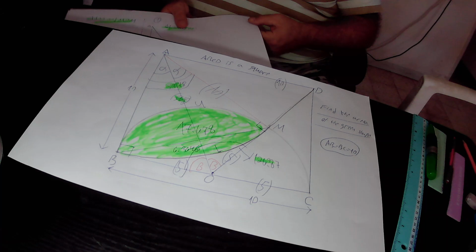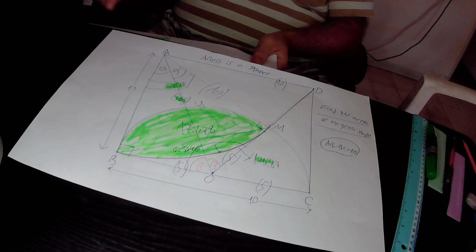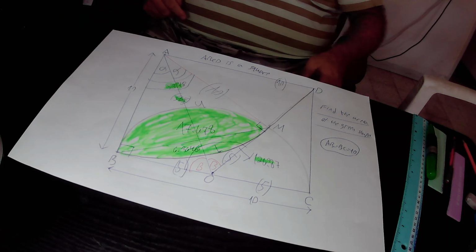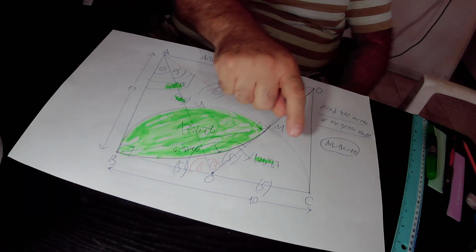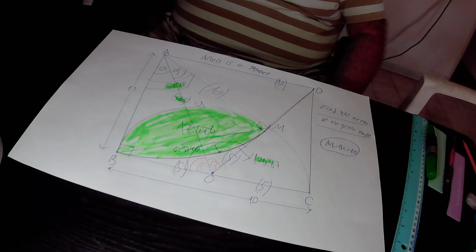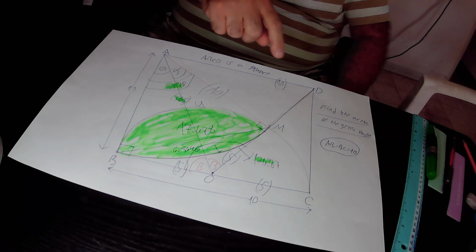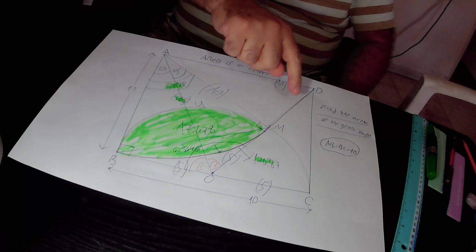So, in the drawing, we have square ABCD. You know that AB equals 10, therefore the other sides, AD, DC, and CB must also be equal to 10. In addition, inside this square ABCD, we have this quarter circle.